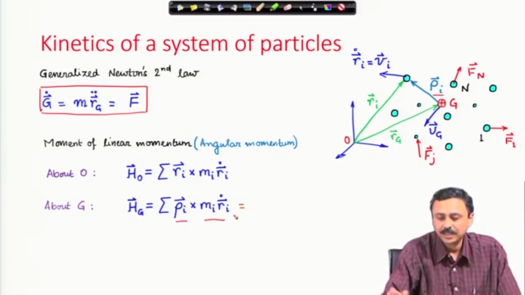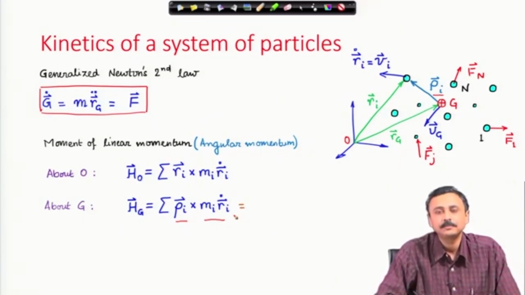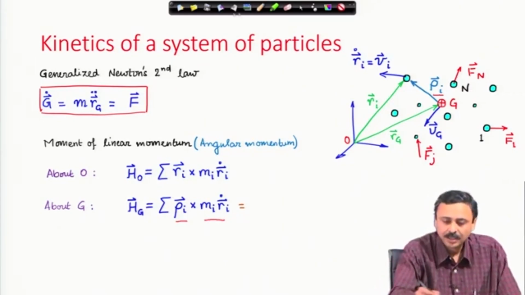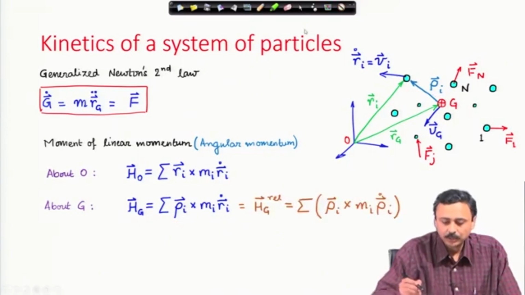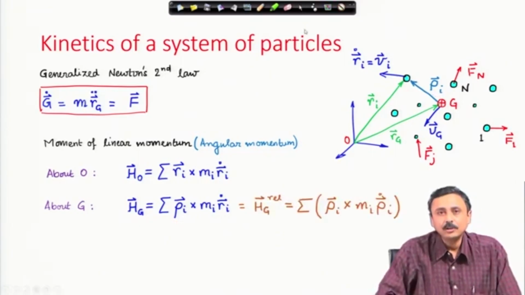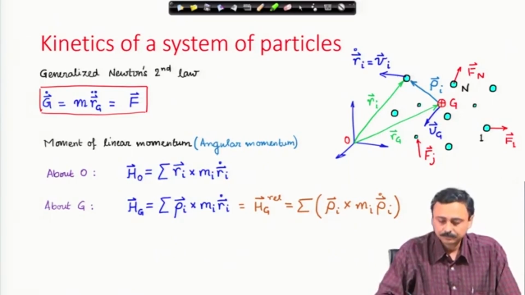So, mass of the ith particle times the absolute velocity measured by the inertial observer. That is how we defined angular momentum about the center of mass. And we also showed that this angular momentum about the center of mass, considered with the absolute velocity of the ith particle, is also equal to the relative angular momentum about G.